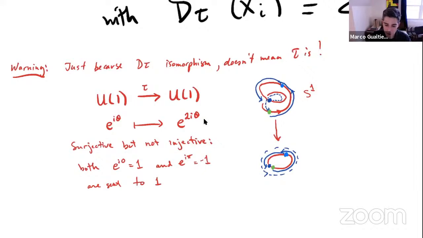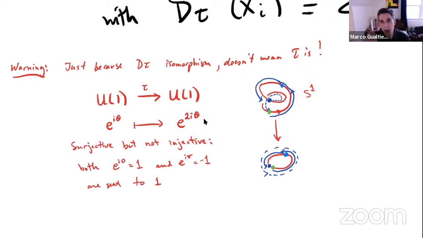For example, there's this famous 2-to-1 cover of the circle over the circle. So here I have a circle, I'm just drawing it in a curled up way. And we can map this circle down to the circle by just taking vertical projection. Another way of writing it is that e^{iθ} is sent to e^{i2θ}.